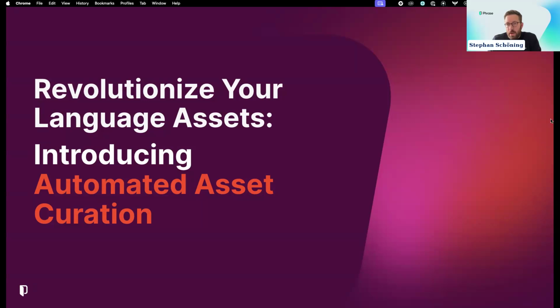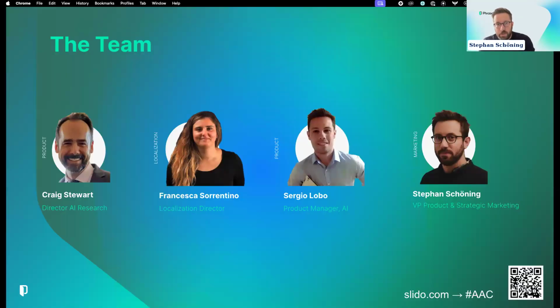And today we have the following speakers who will walk you through some of the topics we have prepared for you. So we have Craig Stewart, our Director of AI Research, who is leading a lot of innovation efforts on our end here, and will speak a little bit about the vision and the role asset curation also plays in the context of hyperautomation, another topic that we've spoken about quite a bit in the past, sort of how we can provide you with more automated localization solutions.